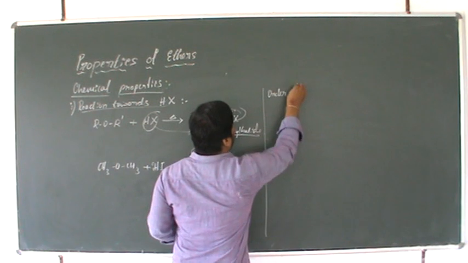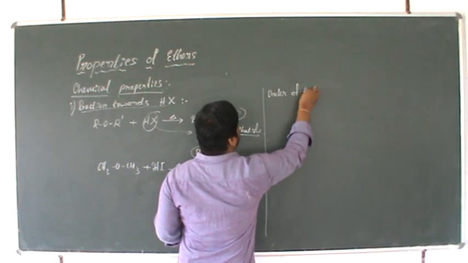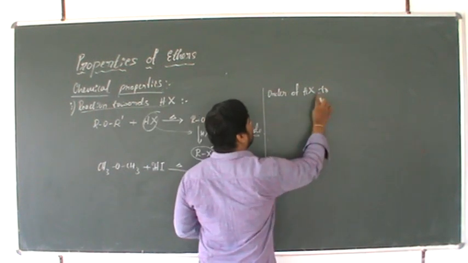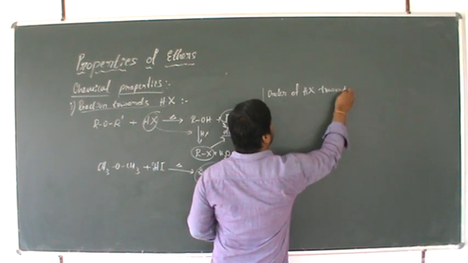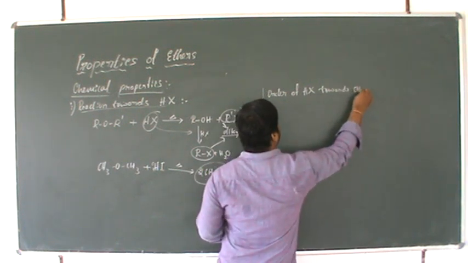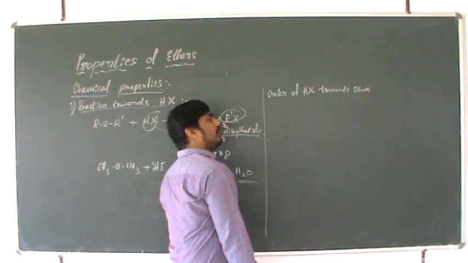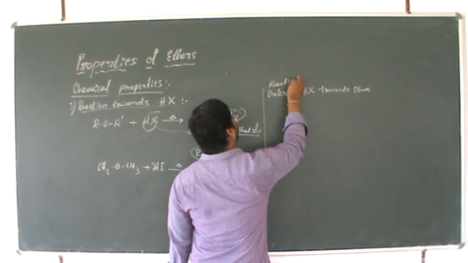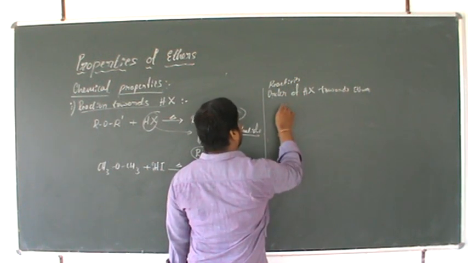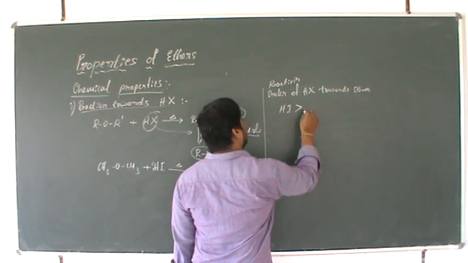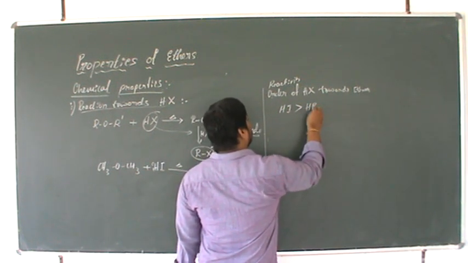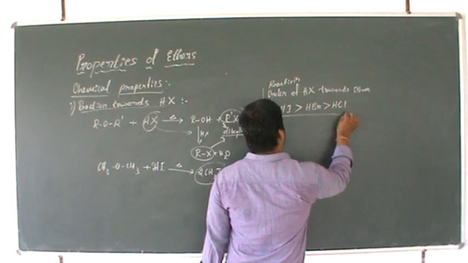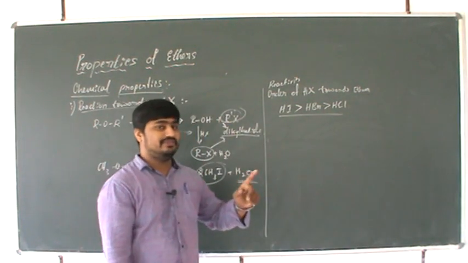The reactivity order of hydrogen halides towards ethers: hydrogen iodide is more reactive than hydrogen bromide, which is more reactive than hydrogen chloride. This is the order of reactivity.